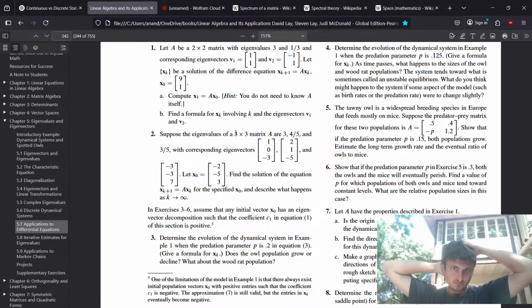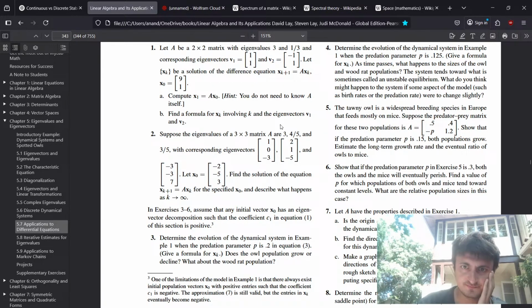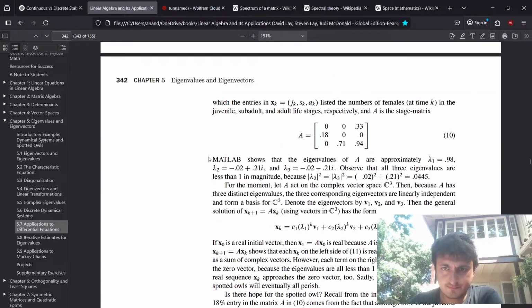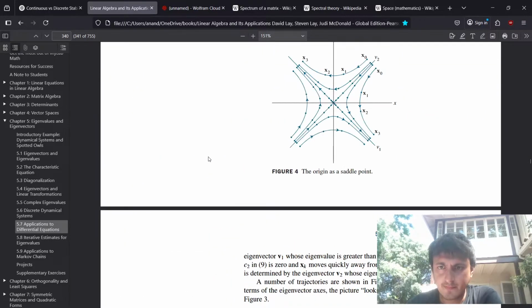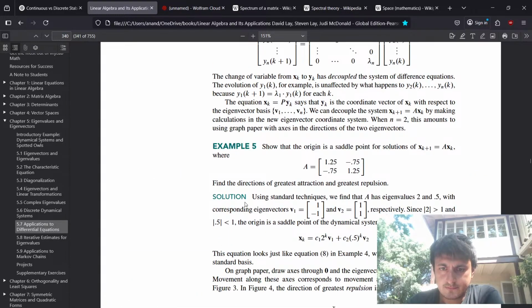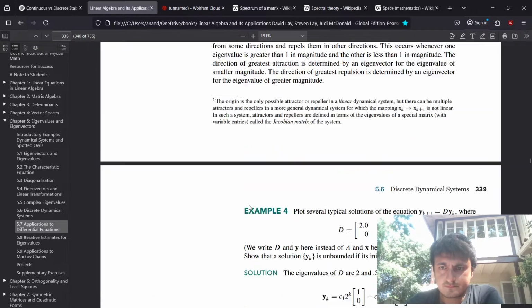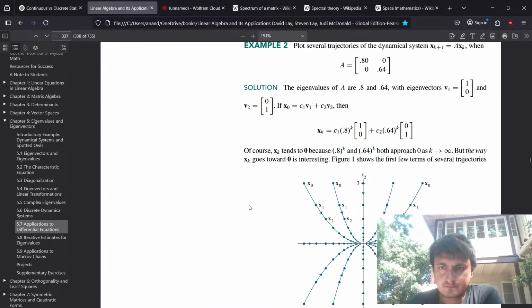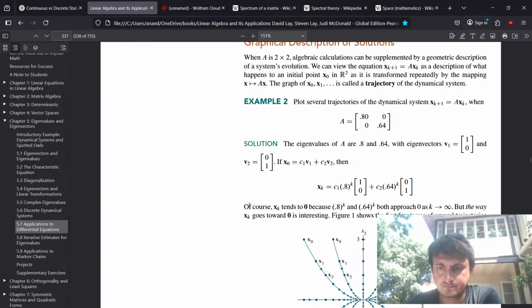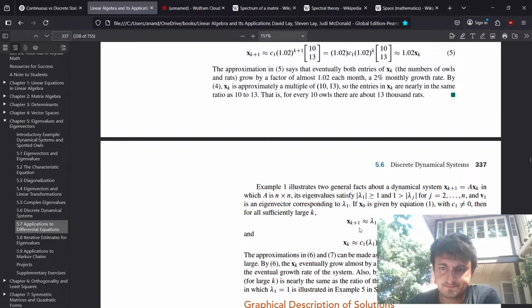And they want you to know that if there's one eigenvalue that's big, then you can write the solution for large K as just this.